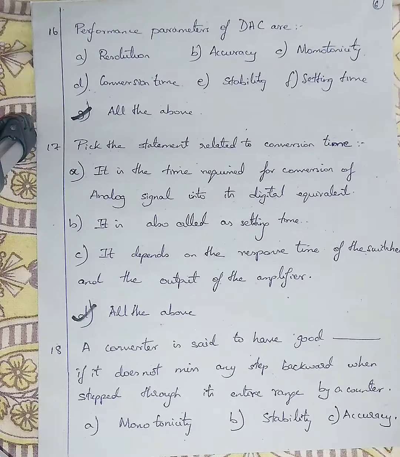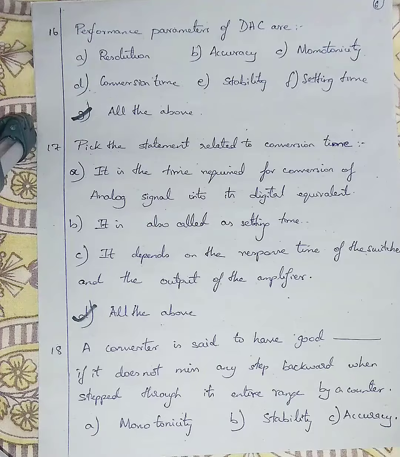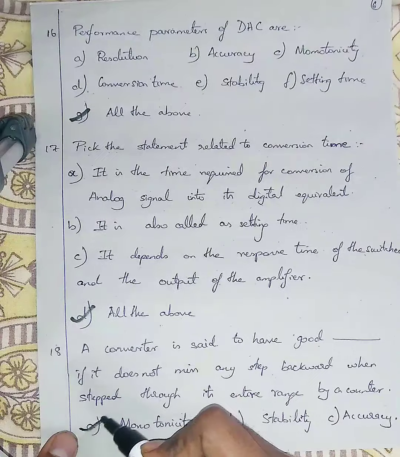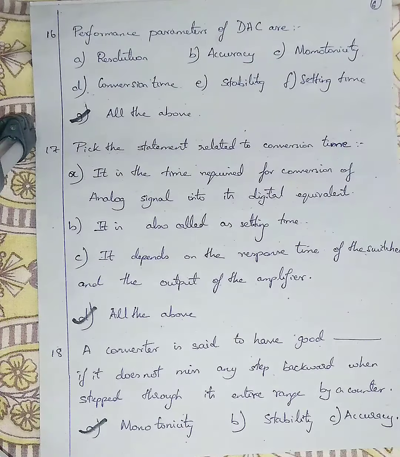If you are giving 1000 steps and it does not leave any step behind and does all the work, all the programs you are giving, then it is called monotonicity. A converter is said to have good monotonicity if it does not miss any step when stepped through its entire range by a counter. So I'm going with option A, monotonicity.